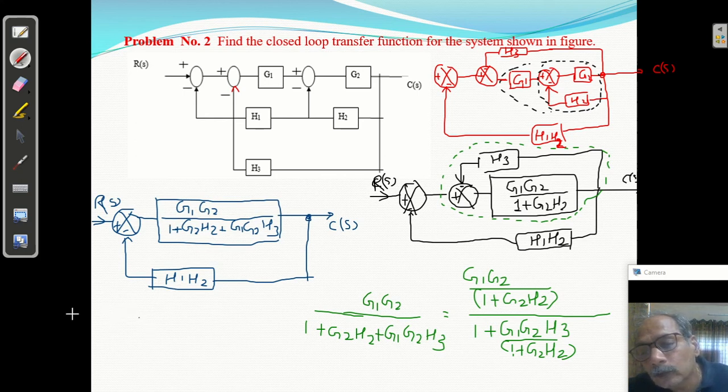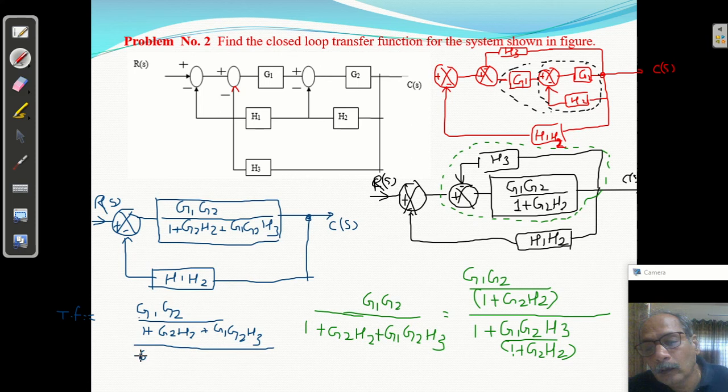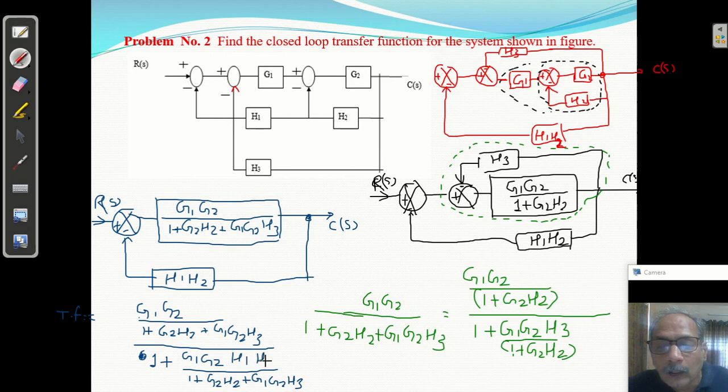So the transfer function GS equals what? GS, that is G1 G2 upon 1 plus G2 H2 plus G1 G2 H3, upon 1 plus this GS, G1 G2 upon 1 plus G2 H2 plus G1 G2 H3, into HS, which is H1 H2.